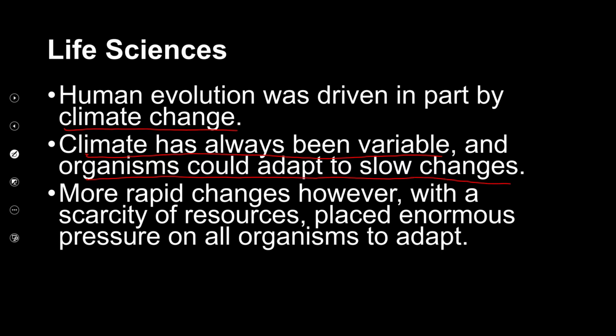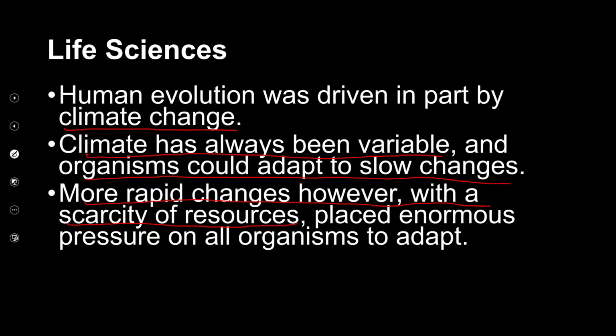It depends on if the climate stays reasonably stable, then the changes would be slow. But where the climate changes drastically, we find much more rapid changes, and that would be because possibly there's a scarcity of resources, which then puts pressure on organisms.